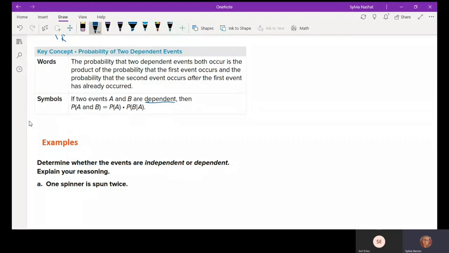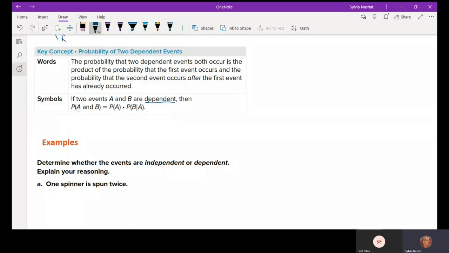Because when I take a marble and place it on the table, the number of marbles in the bag has decreased by 1. And also the number of red marbles is decreased by 1. So they are dependent. The probability of event A and B is probability of A multiplied by probability of B, given that A has happened.